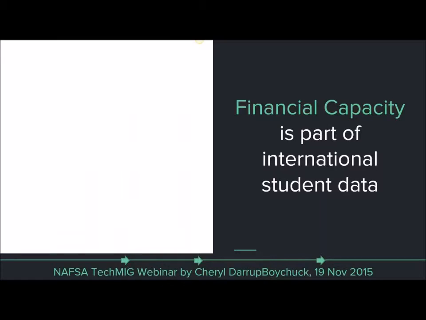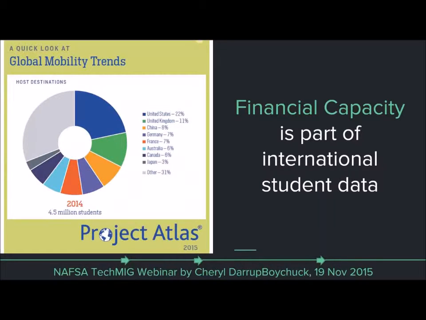And I think that SWIFT connection may be tighter than we think. Some industry experts suggest that a student's financial capacity should also be included as part of his or her international student data package. As most major host country governments, as we know, require proof of funding prior to issuing a student visa.